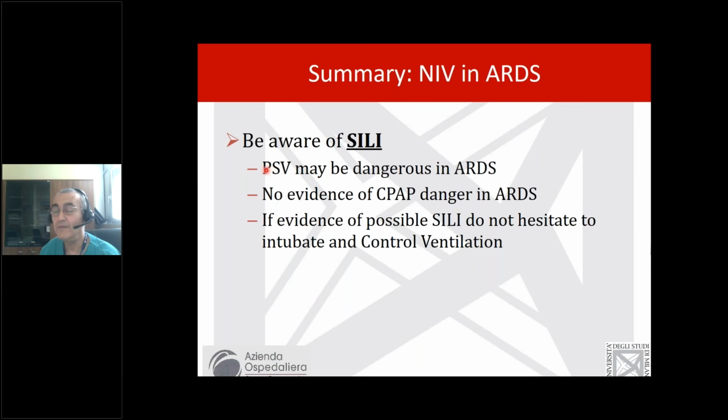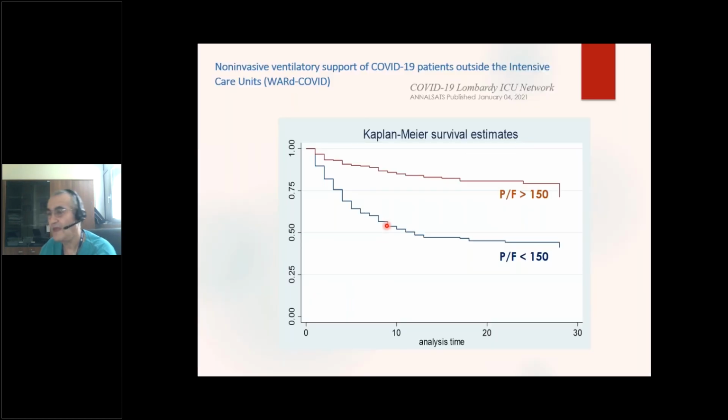PSV may be dangerous in such subjects. There is no evidence that CPAP is dangerous in these patients. And if you have evidence that the patient is going in a silly direction, please do not hesitate to proceed to intubation and controlled ventilation. Those are my thoughts, I'm finishing with NIV.